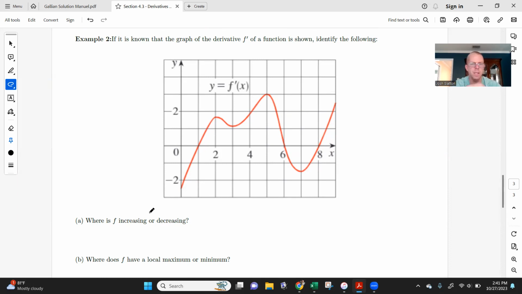So F is increasing. We need to find where F prime is positive. So F prime is positive from 1 all the way over to 6. And then F prime is positive from 8 to infinity.